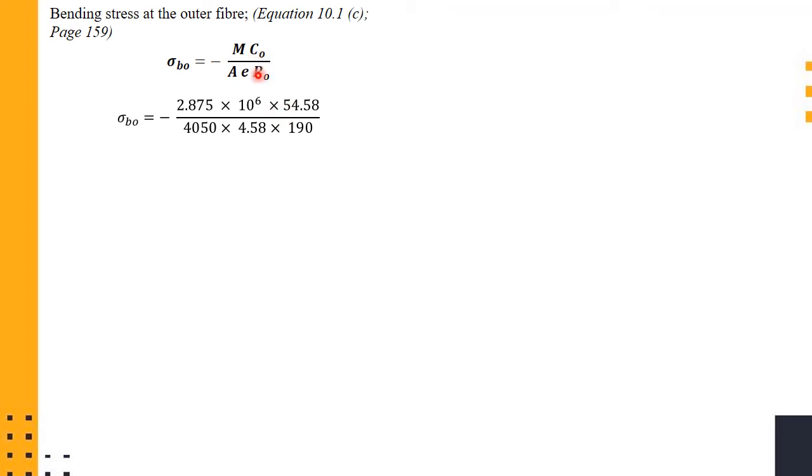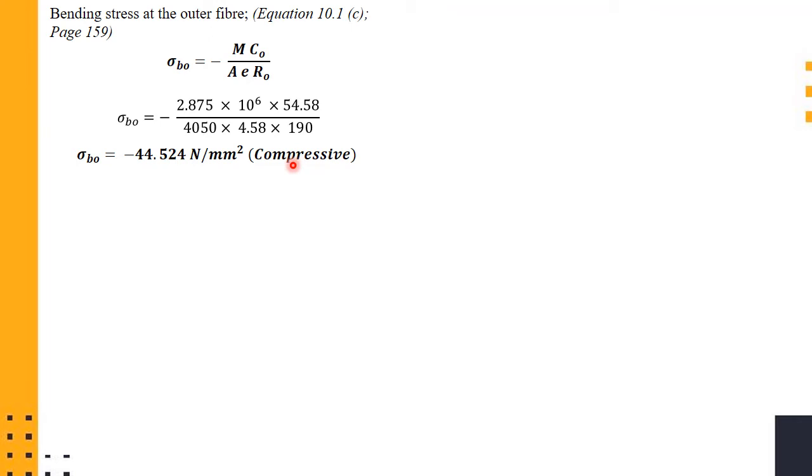Here it is capital R, but the R which we considered we wrote in terms of small r, so you can use either term, no issues. Substitute all the values so that you can get the bending stress at the outer fiber. The value you get will be negative because it is compressive in nature.